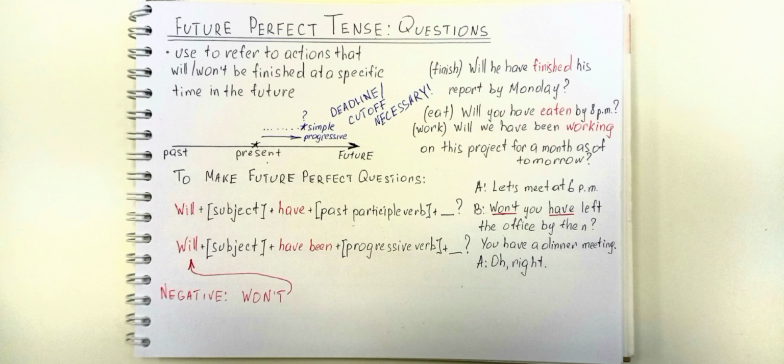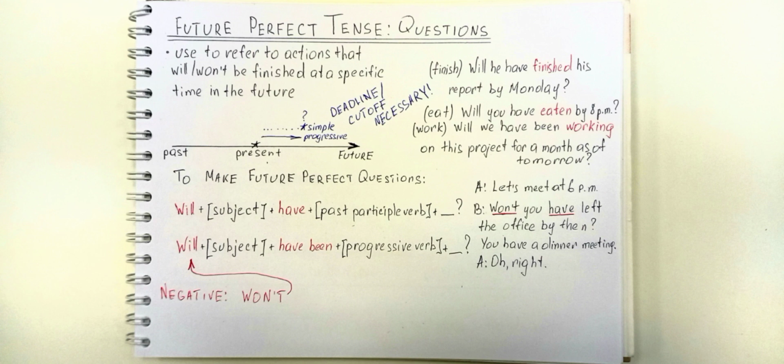I marked this with a star and a question. So we will, maybe we won't. We are using questions for this lesson, so I've used a question mark for this. So this is for the simple future perfect.